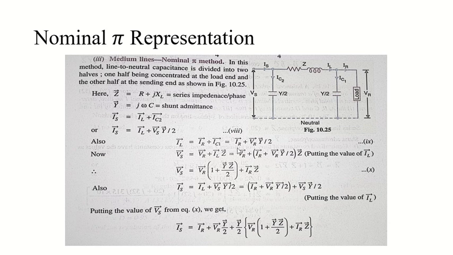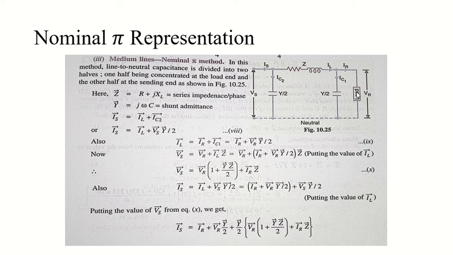We kept IR as it was, and instead of IC1, this time it is lumped on the receiving end, so can't we write it VR into y by 2? When it was lumped on the sending end, what did we write? We wrote Vs into y by 2. So this time we will write VR into y by 2. Okay, so that was the calculation part on the current side.